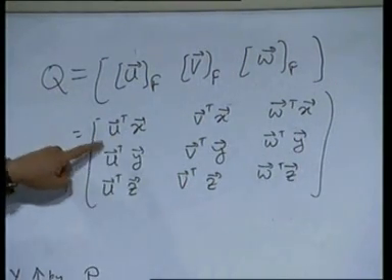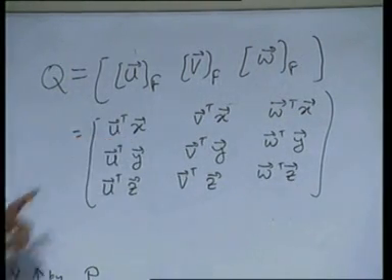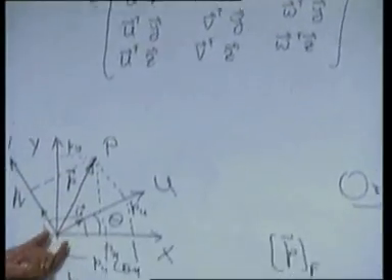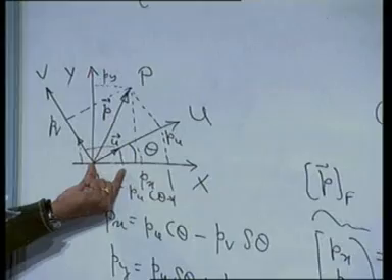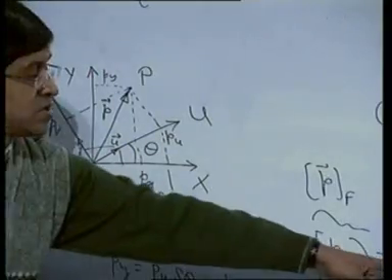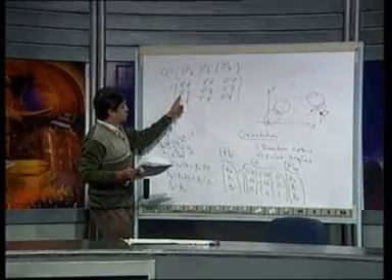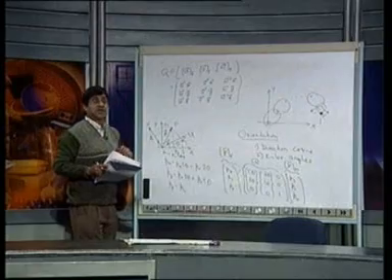In this case, it is the projection of vector u on x, which is cos theta. The length of u times cos theta, but since the magnitude of u is 1, it is simply cos theta. So, u transpose x is cos theta, u transpose y is sin theta, and similarly the others.